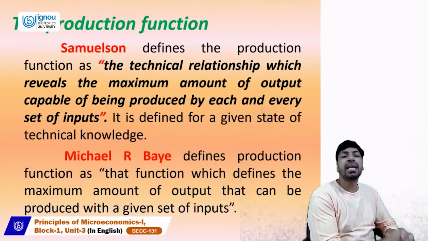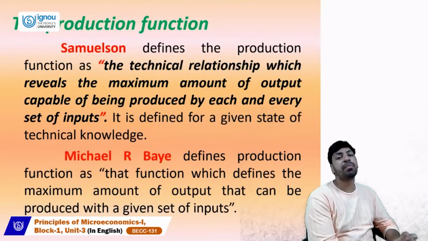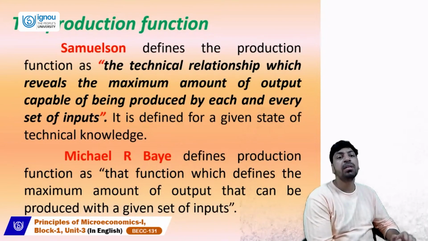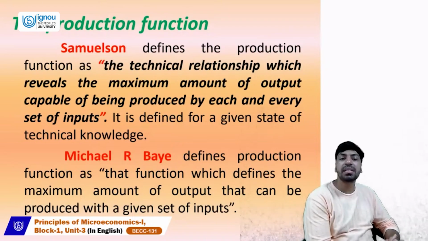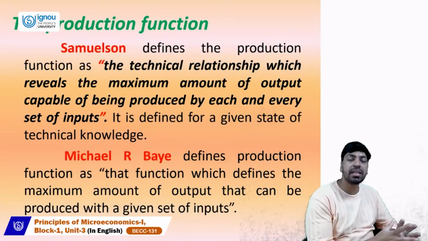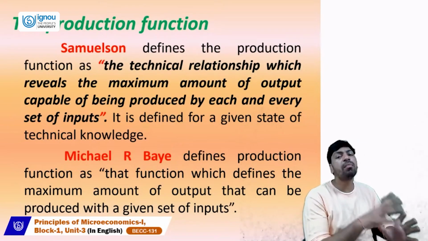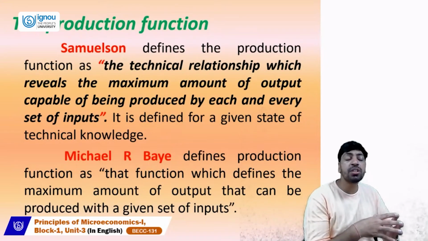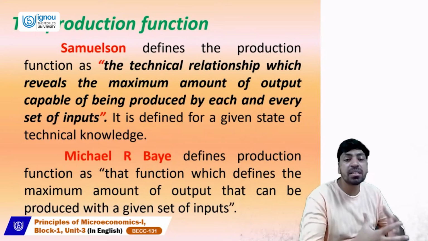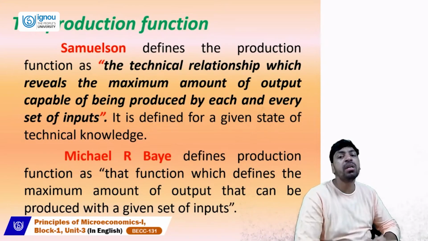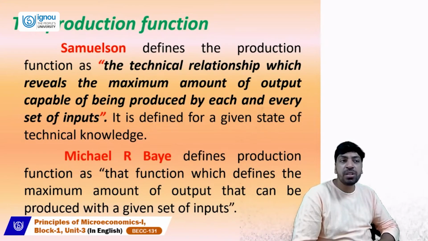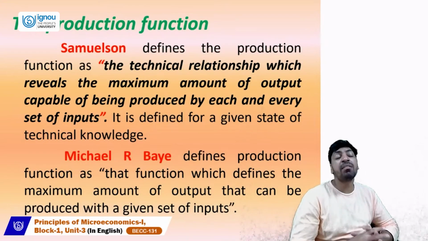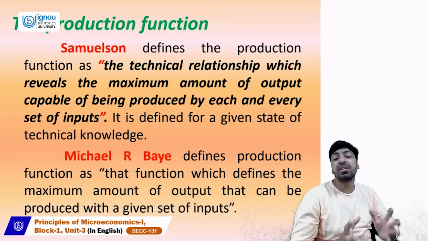Let's talk about the next concept, that is the production function. So production function is basically a technical relationship, or you can say a formal relationship, which shows how to achieve the maximum amount of output that can be produced by a given set of inputs.